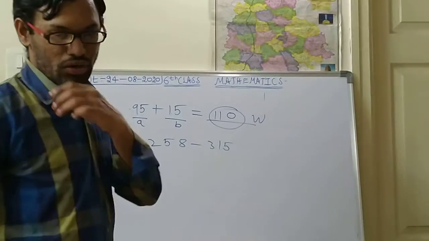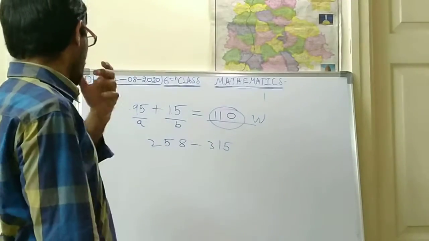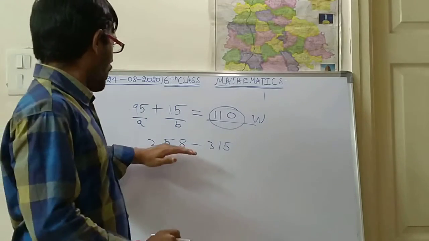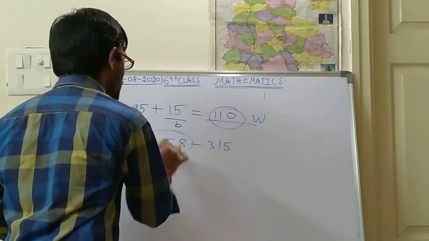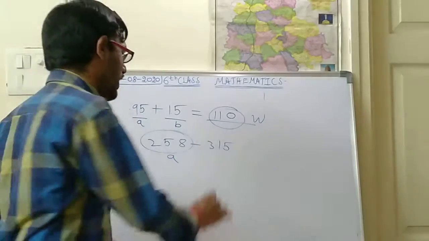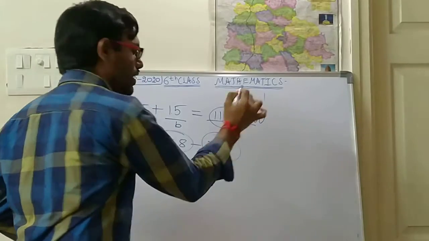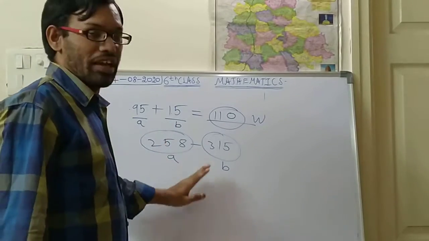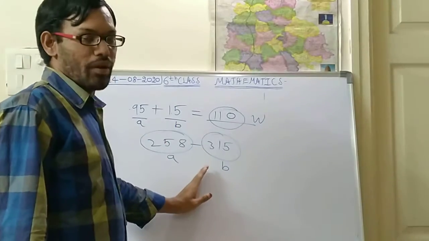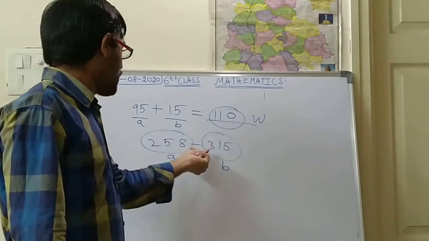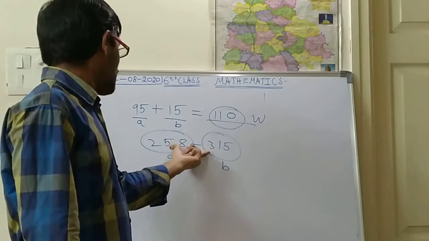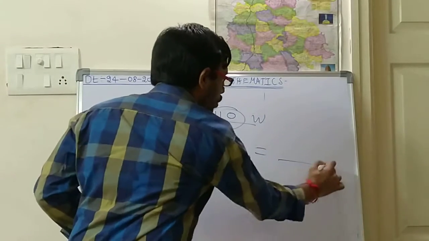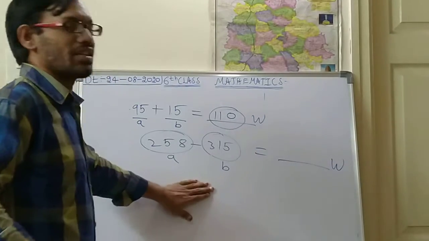Already I said, whatever the first number is, you should consider as A, and the second number as B. This is also the closure property only, but instead of addition there is subtraction. By subtracting these two numbers, if you again get a whole number, then it satisfies.